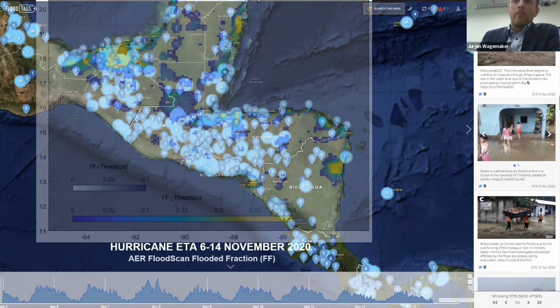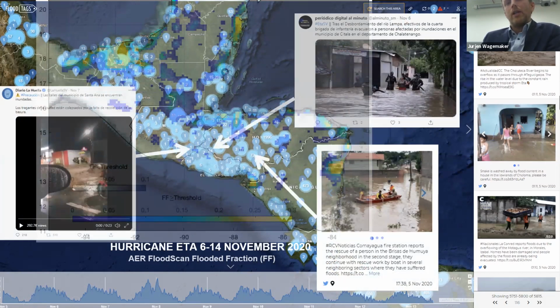And there's also some mismatches or differences between the two maps. There's parts where you do have tweets and content where it doesn't seem to be flooding, and there's definitely also places where it seems to be flooding, but there's no content. The exact reasons behind it, I'll leave for another discussion.